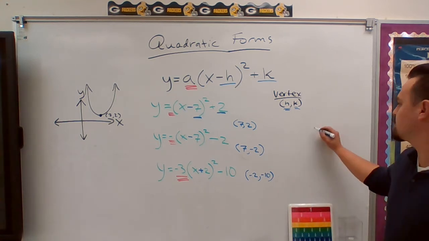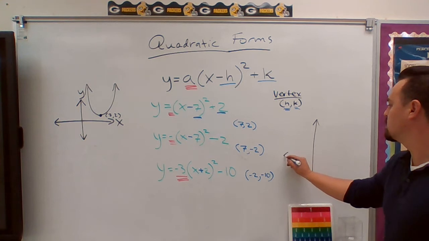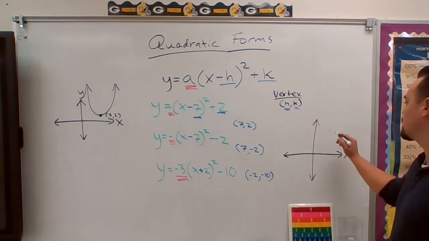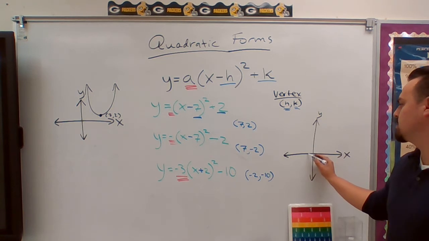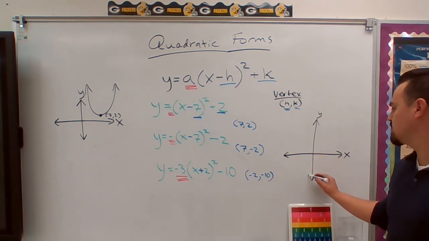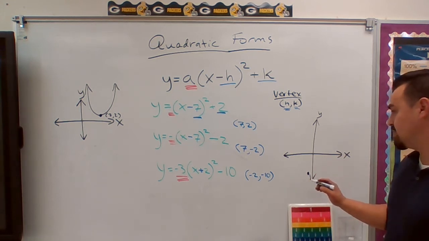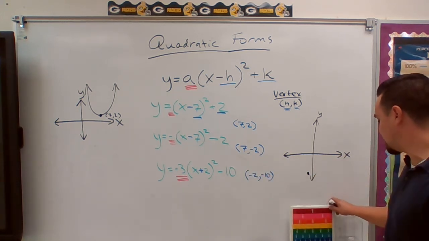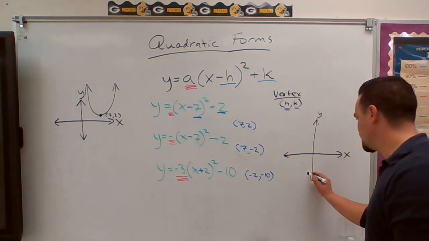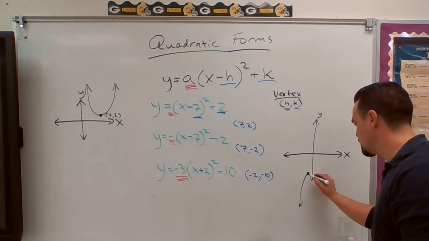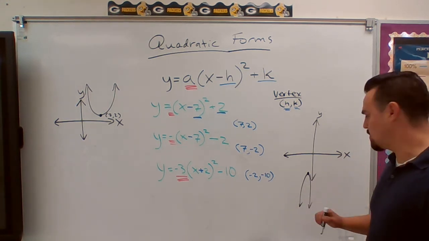In this case, let me label my axes first. X, Y. In this case, I got my negative 2, negative 10, something like down there, all the way down there. And it is negatively sloped, and it's particularly steep compared to that one. So maybe it'll look something like this.